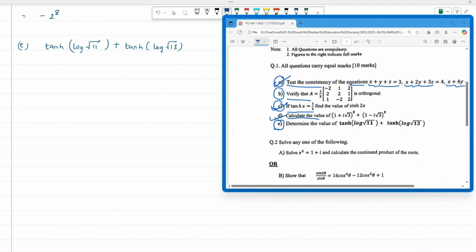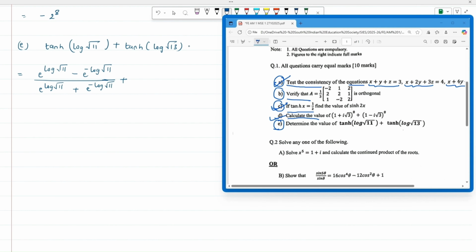I'm sorry, this is log of root 11. So again, we are going to use the definition of tan hyperbolic. So this is going to be e raised to x, and instead of x we have log of root 11, so e raised to log of root 11 minus e raised to minus log of root 11, divided by e raised to log of root 11 plus e raised to minus log of root 11.